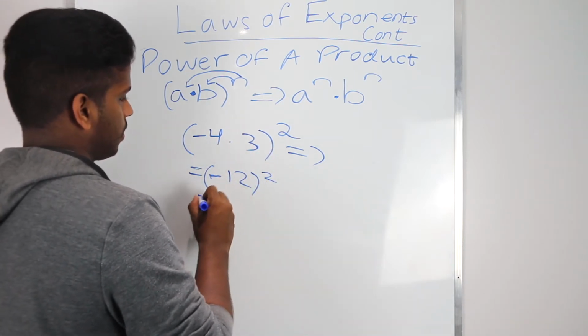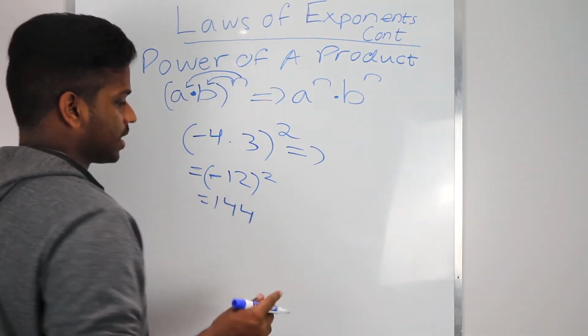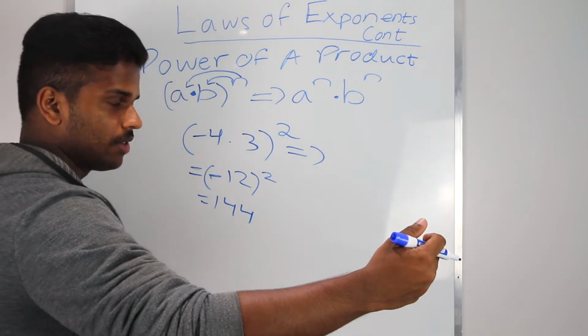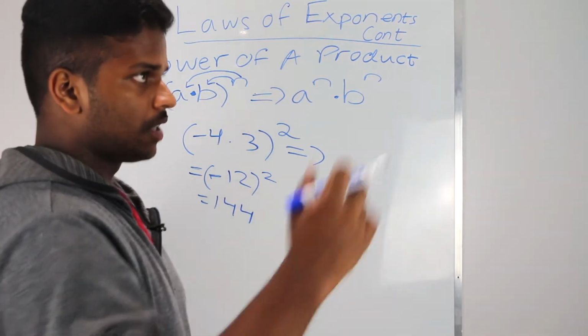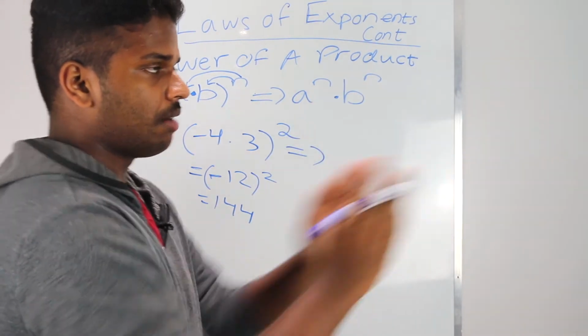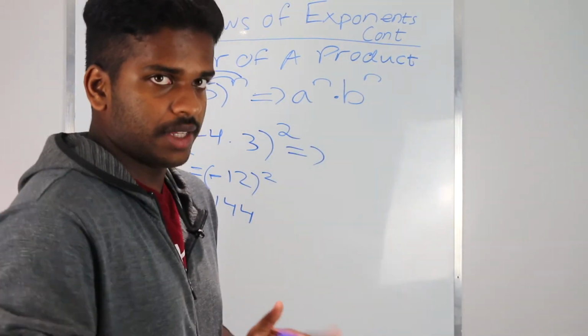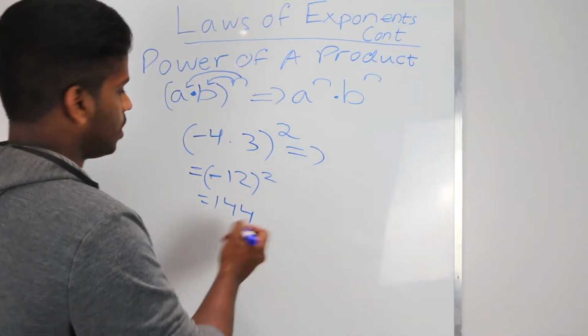Squared gives you 144, because -12 times -12, you're multiplying the base by itself 2 times, the base being -12. Negative times negative gives you positive, and 12 times 12 gives you 144.